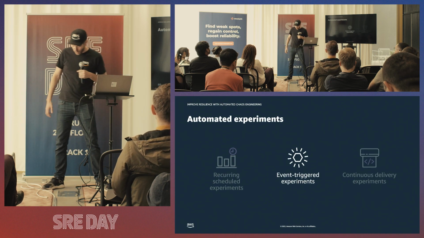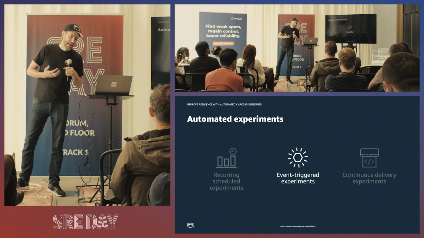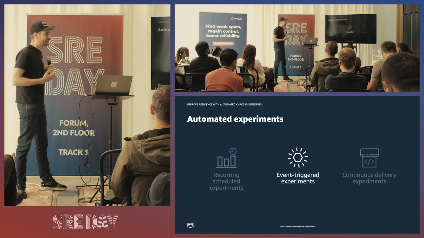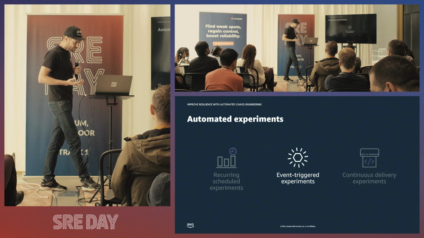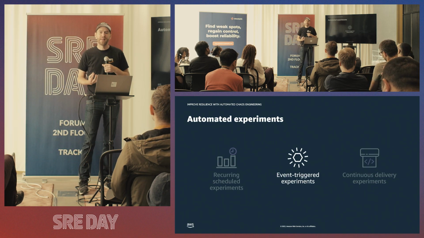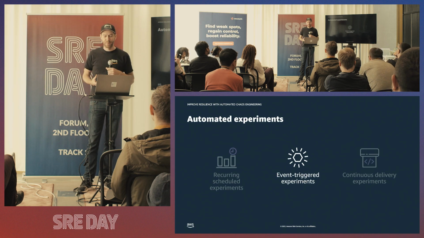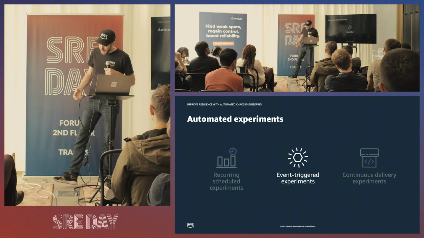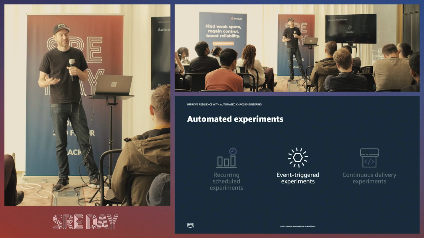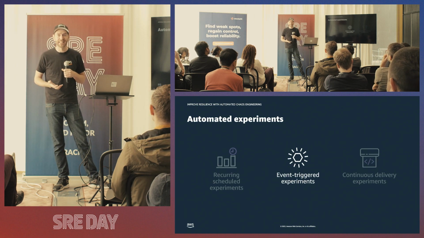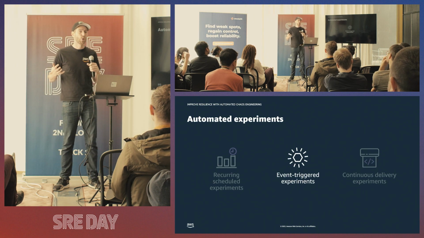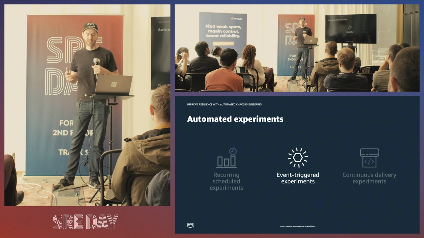The second approach to running automated chaos engineering experiments is based on events. So an event, well, that's basically anything that can happen within your system. This could be an event related to the tech stack, for instance, that latency is added when there's an auto-scaling event, when new instances are adding.